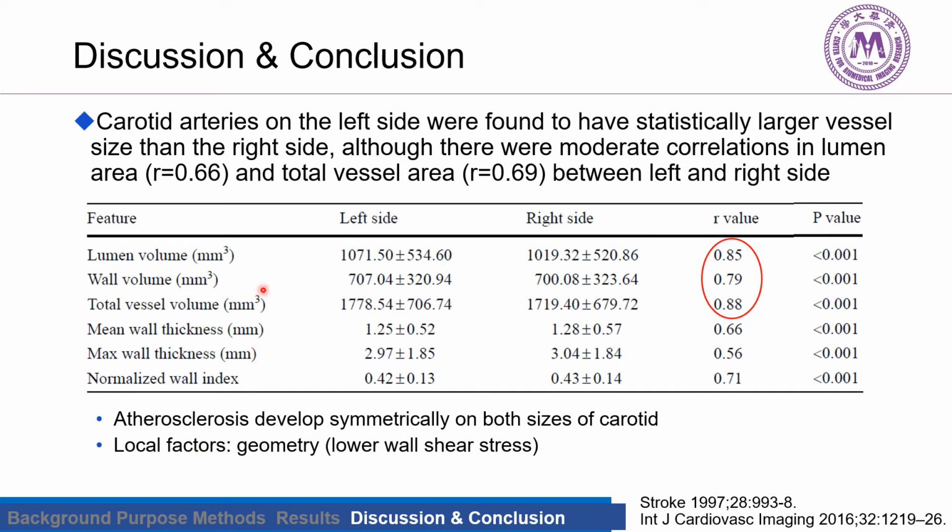All results were consistent with the findings of previous studies. Other studies have shown there were strong correlations between left and right lumen volumes and total vessel volumes. However, they could not analyze the differences of carotid plaque characteristics on both sides.